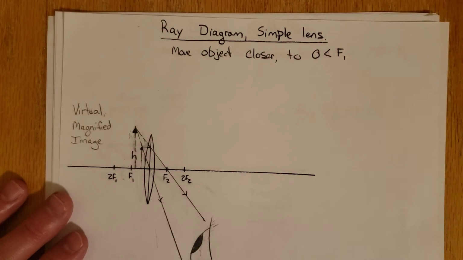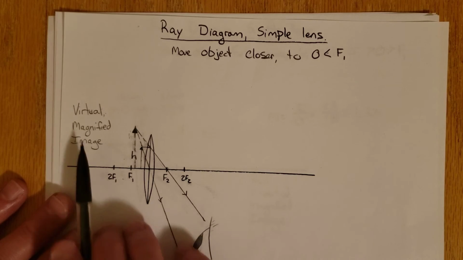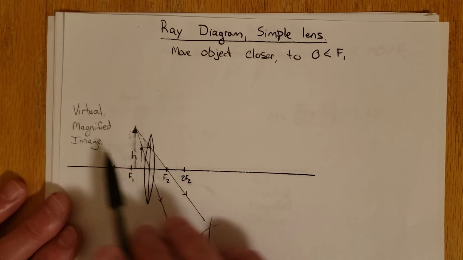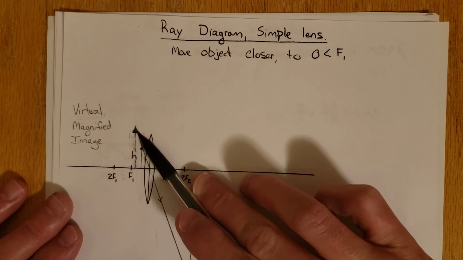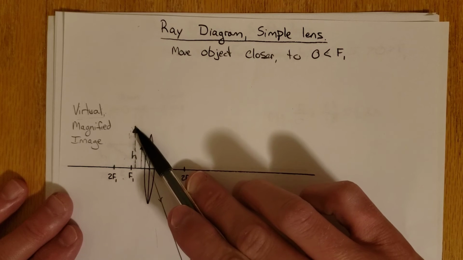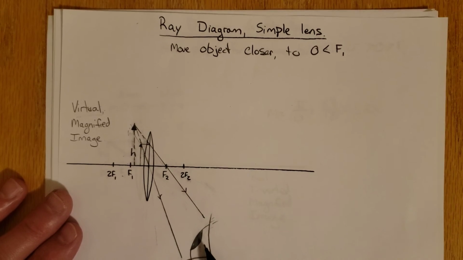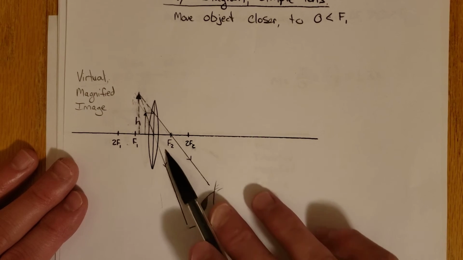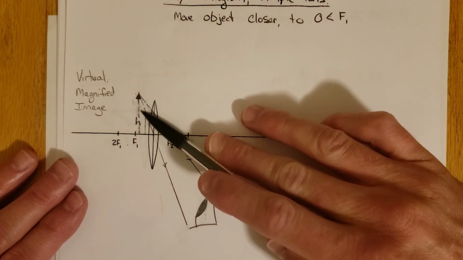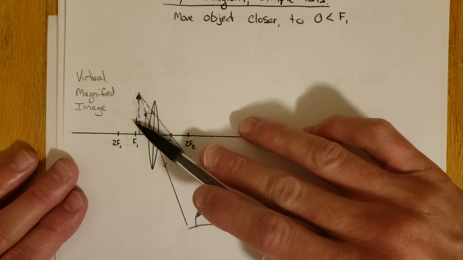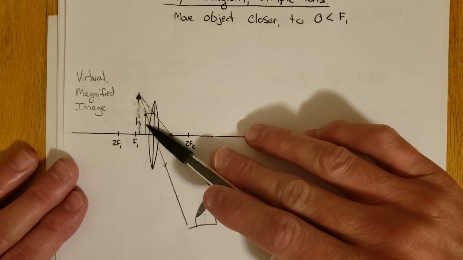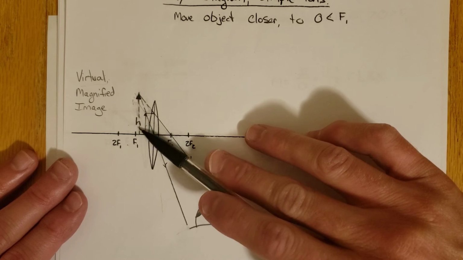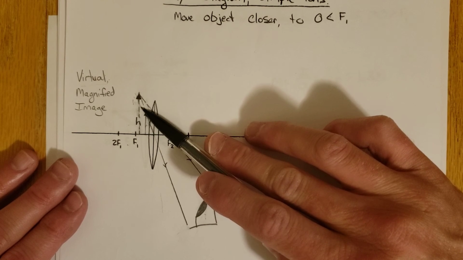What that creates is a virtual magnified image. It's a virtual image because the light doesn't actually go in this direction. However, if you had your eyeball on this side of the lens and were looking through it, you would see an apparent image there, larger than the actual object, appearing slightly behind where the object actually is, and not inverted anymore.